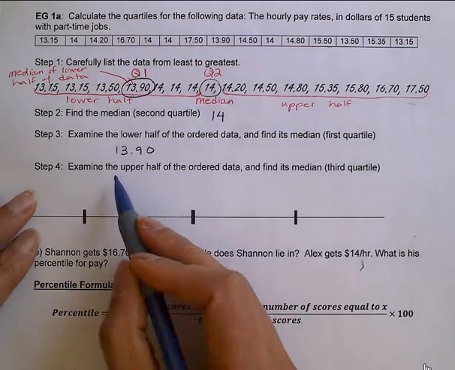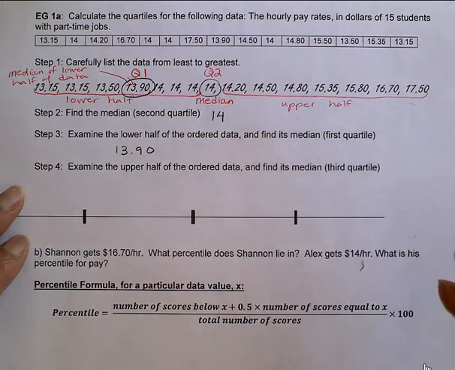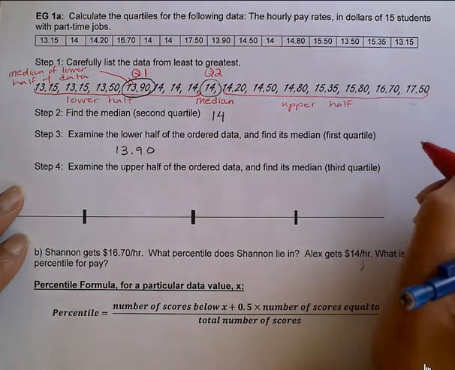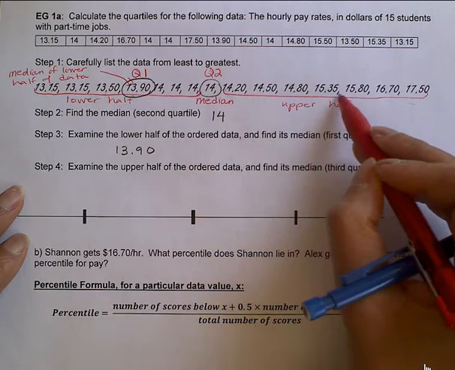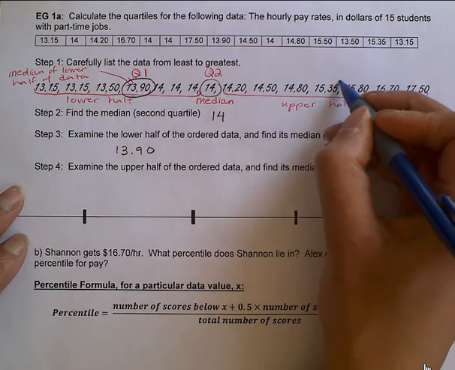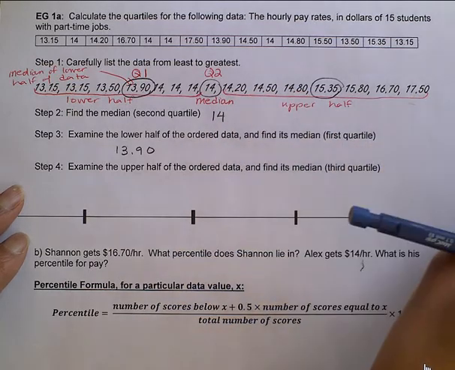Step 4, we're going to examine the upper half of our list, and we're going to find its median, which would be the third quartile. So when I take a look at this list, here's my upper half, those values here. I'm going to find that middle number, so it's going to be the 4th number. I'm going to double check. There's 3 below it, 3 above it. It really is the middle.